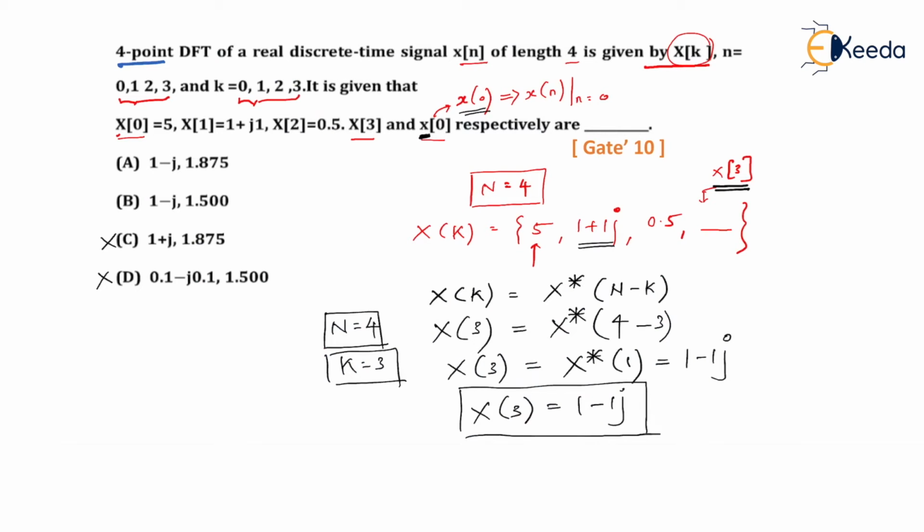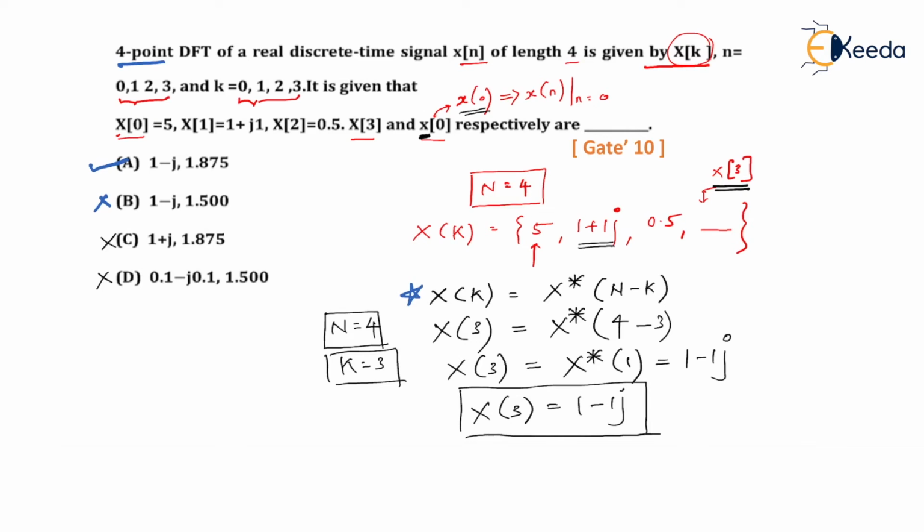So 1.875 is there in only option A, so even option B gets eliminated here. Option A is the correct option. I'm sure you got this problem. So what we have used here is a simple property which I have star marked, and a central ordinate theorem, and this has solved our problem very easily.